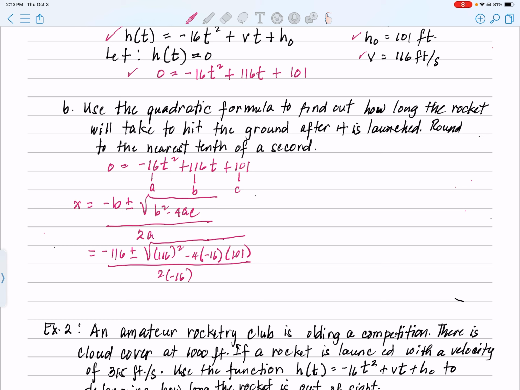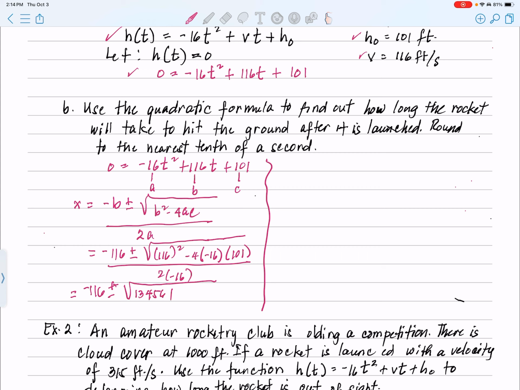Okay, let's simplify. We have negative 116 plus and minus the square root of 116 squared, that is 13,456.